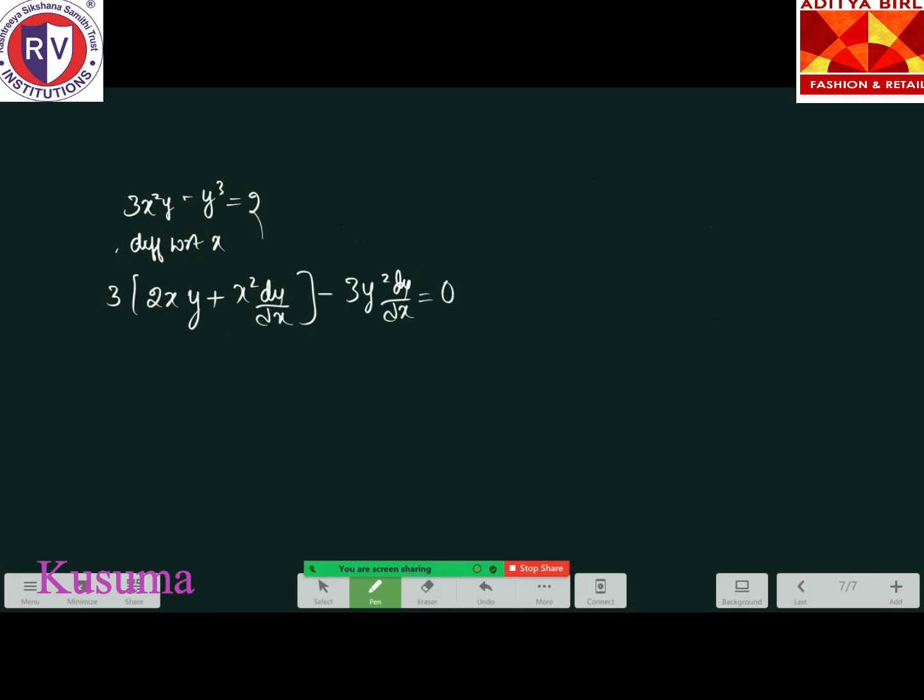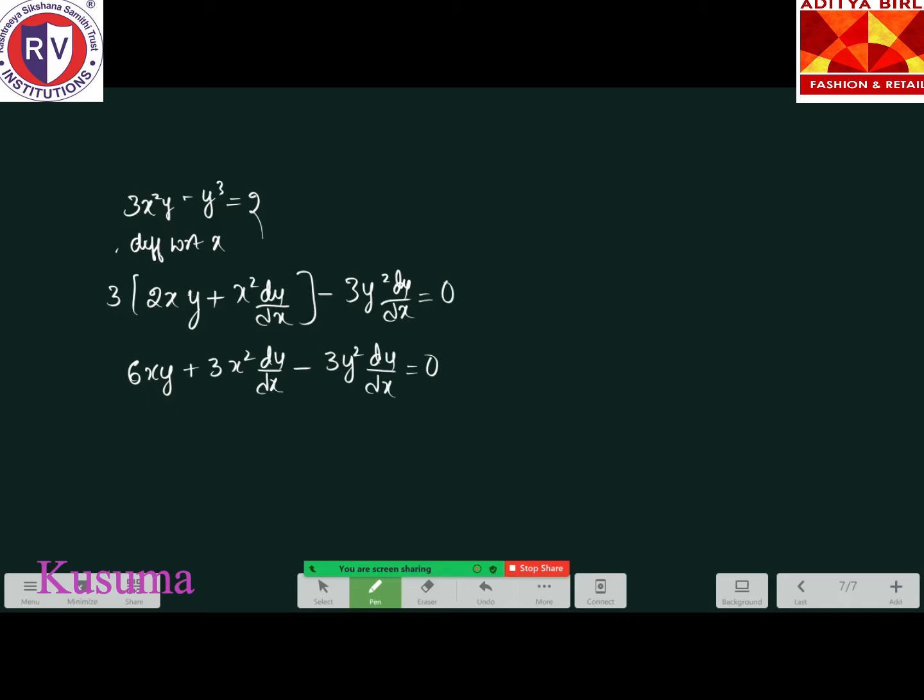Okay, let us simplify this. This will be 6xy plus 3x square into dy by dx minus 3y square into dy by dx, which is equal to 0. Let us simplify this.